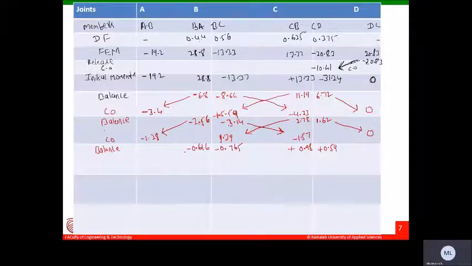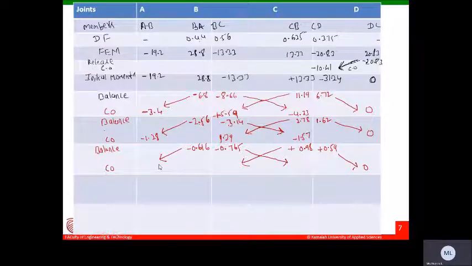Now what I have to do? Next I need to do the carryover. It means half of the movement to the joint A because that is fixed, and half of the movement from B to C because that is continuous, and C to B because B is continuous with respect to C. Then here no movement should be carried.